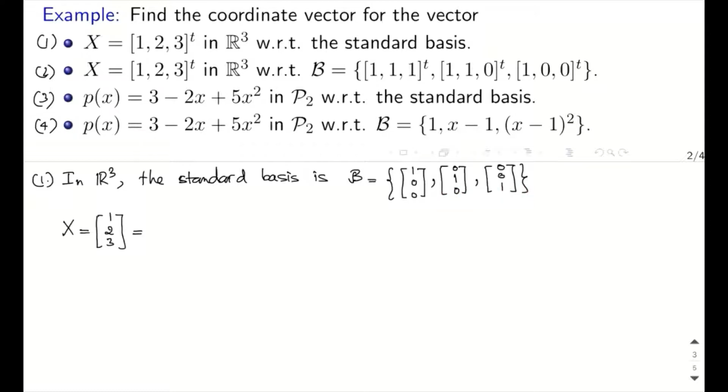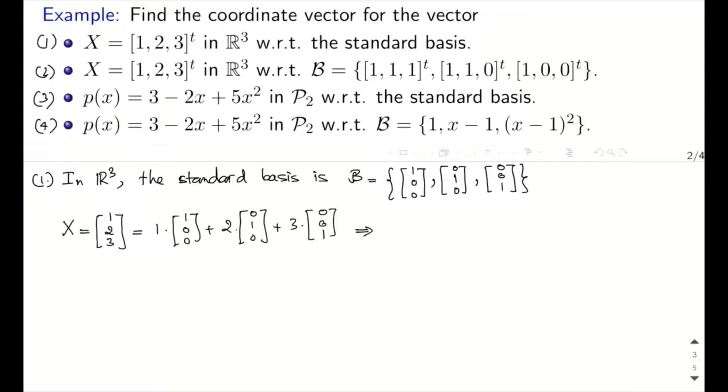Of course, this is very easy, right? This is 1 times 1, 0, 0, plus 2 times 0, 1, 0, and then plus 3 times 0, 0, 1.